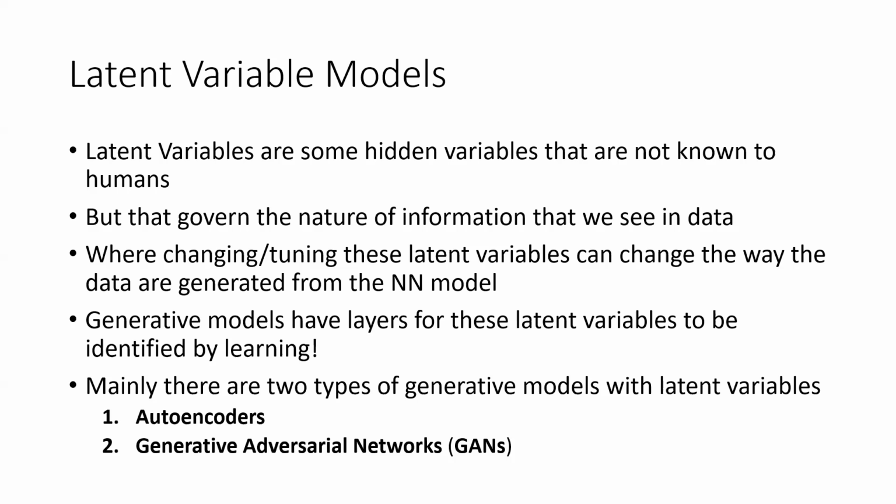Those poses or the places where he is looking at can be changed by just changing these latent variables. So these variables can be generated inside the neural network. Those variables are known as latent variables, and the neural networks that are using these latent variables are known as latent variable models.